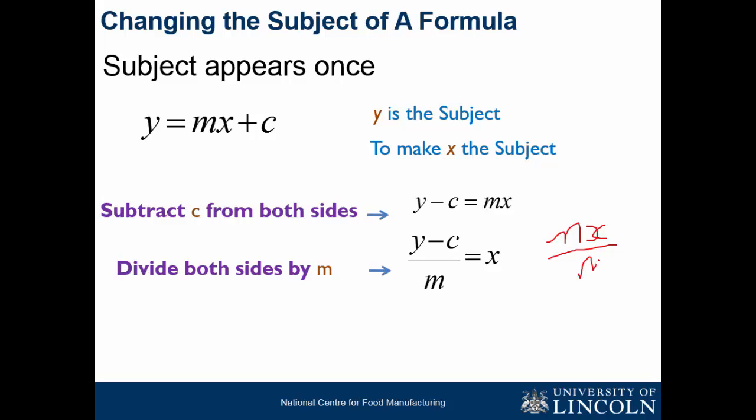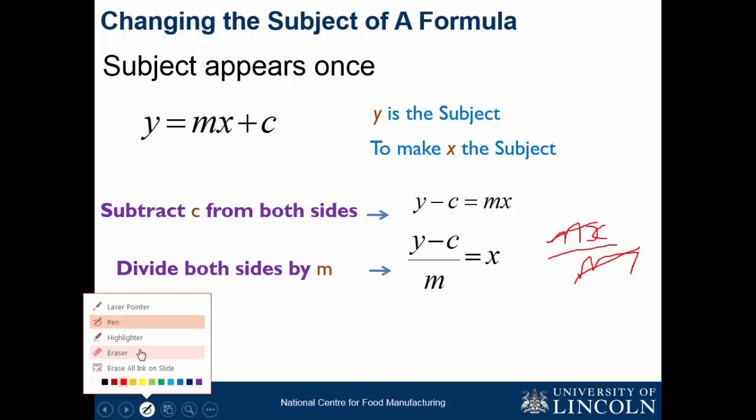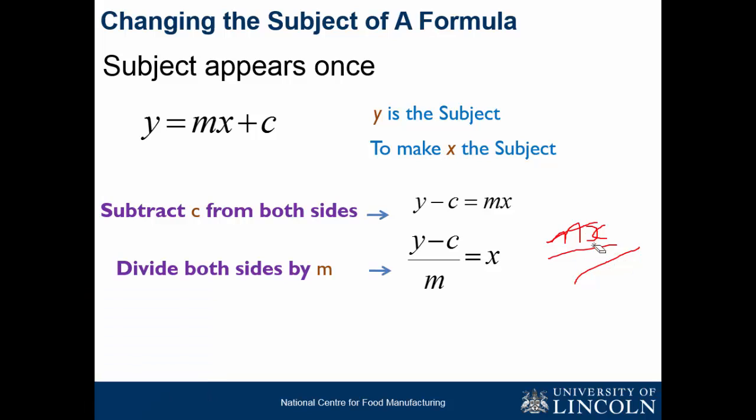And this m, we cancel out this m. That is why you have your x. So don't forget that. That's why we have our x there. So that's one example.